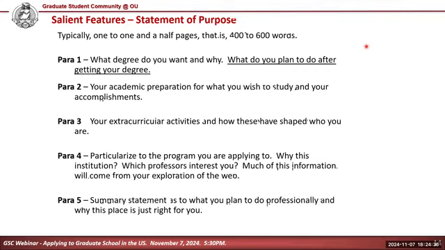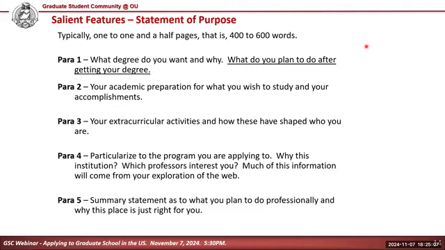What effort have you made to go to the websites to see what the professors do, etc., etc.? Then you would identify one or two professors saying, hey, guess what? My interest, these professors do these things. I would like to know more about these professors, or possibly explore working with these professors. Much of this information comes from the exploration of the web, not just the website of the university, but also ResearchGate and Google Scholar.